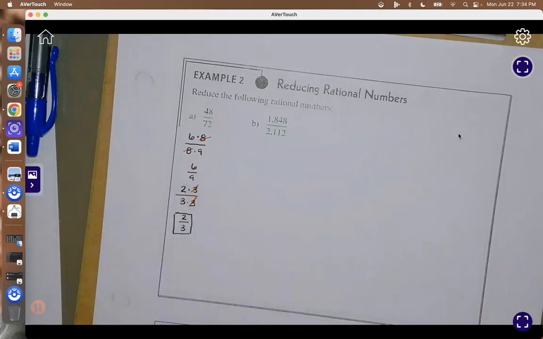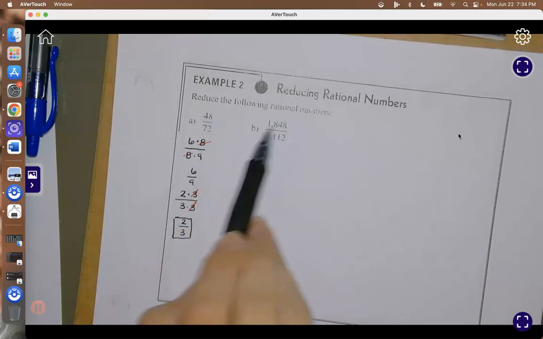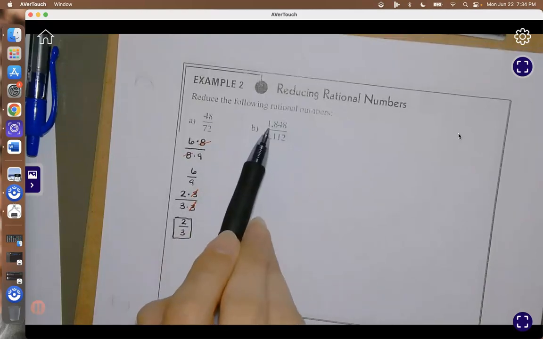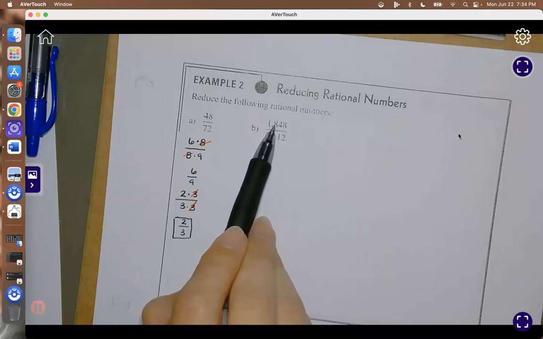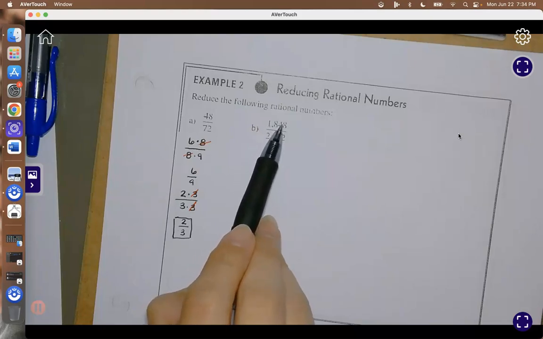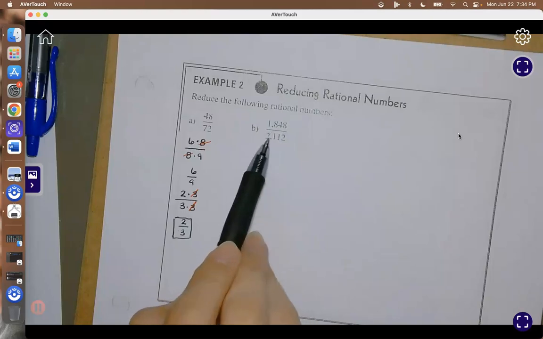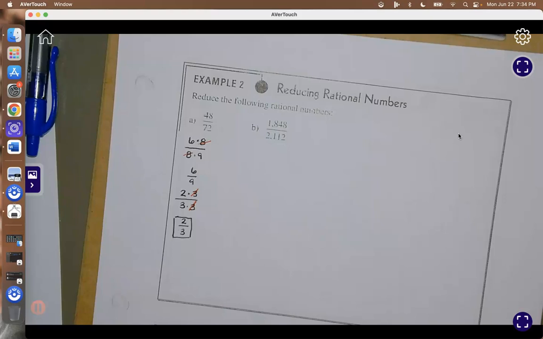Okay? Now, let's look at this one. This is a big number. Let's add up the digits and see if we can divide it at least by 3. So 1 and 8 is 9, that's 13, 13 and 8 is 20. So 9 will not go into it, but 3, let's see, 16, 17, that's 21.